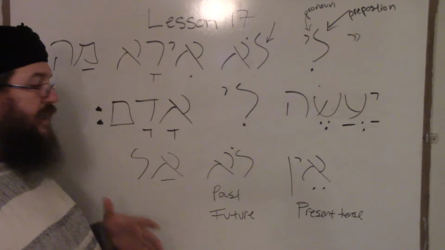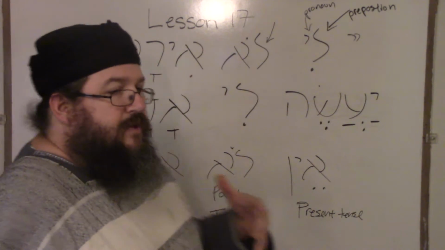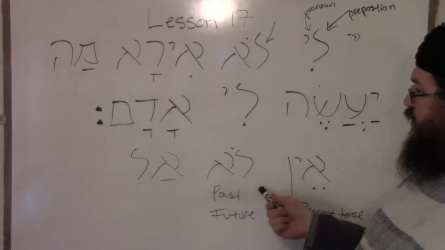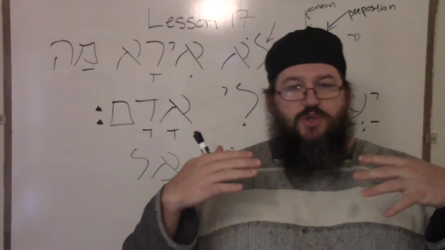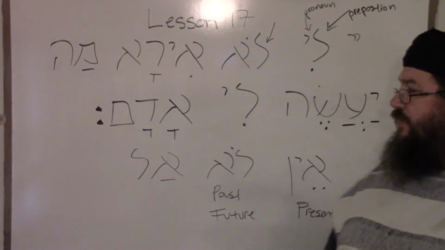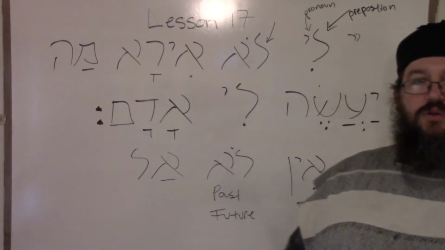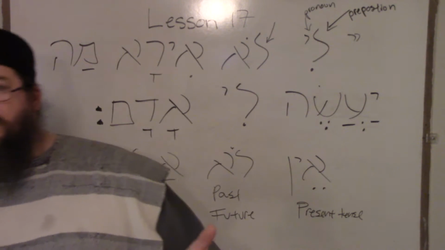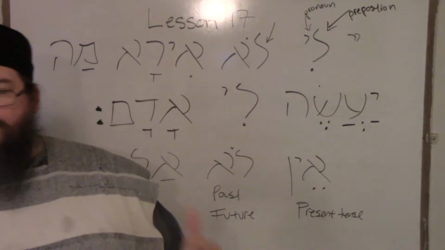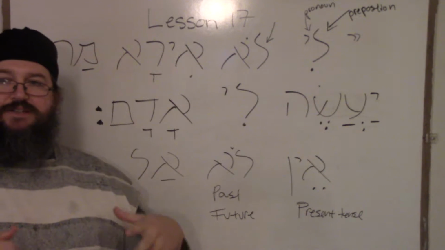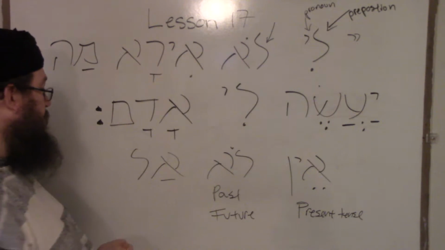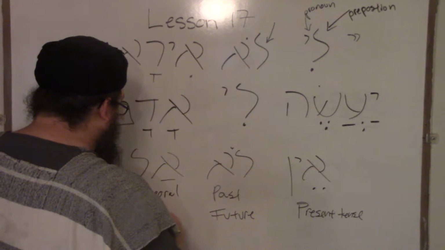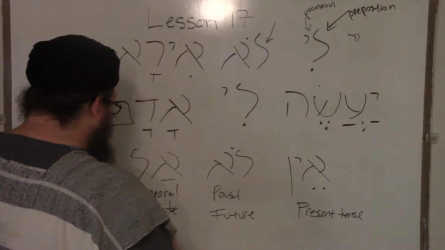Al, on the other hand, is what we use in a command form. You can have two command forms. Lo is a perpetuating command, which means you are never allowed to do this, period. Versus al, which would be more of a temporal command. If I said, for example, al ta'aseh, you shall not do, I'm not saying you shall not do it ever, because al is expressing a temporal state of a command.